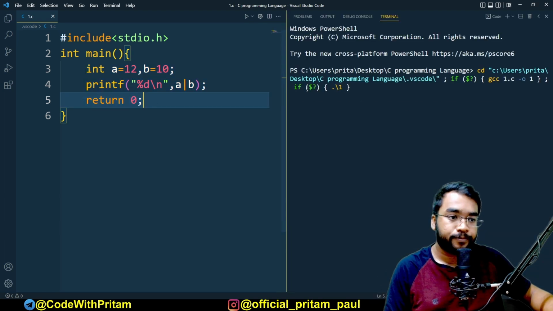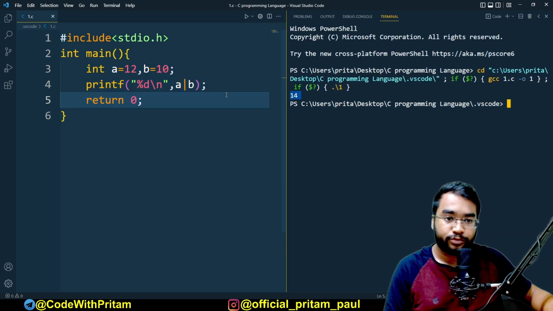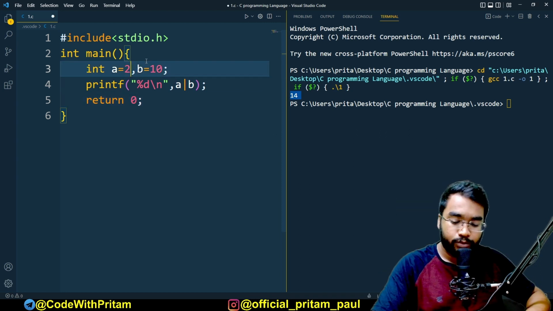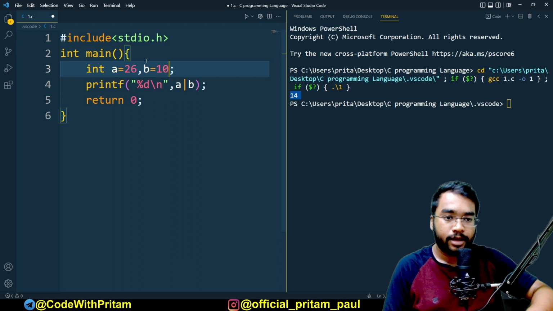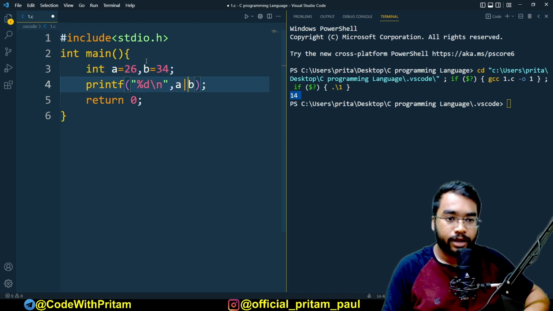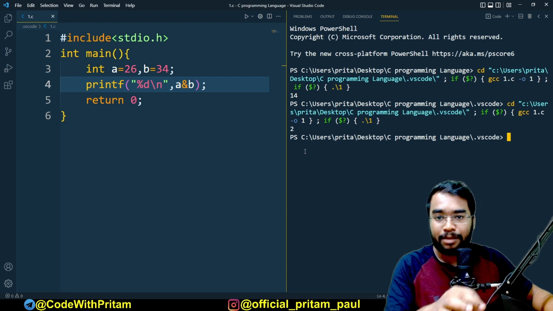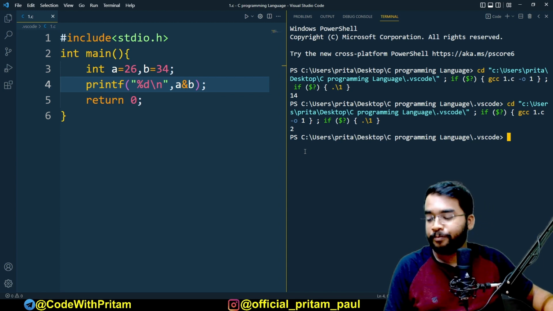Let's check. Here 14, as I have shown, and a equal to 26 and b equal to 34, and here it is bitwise and, and you can see the output is 2. These are the examples which I have shown.